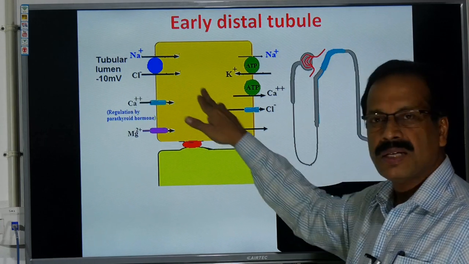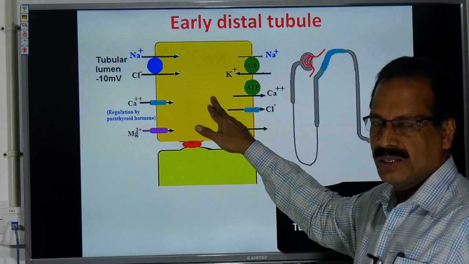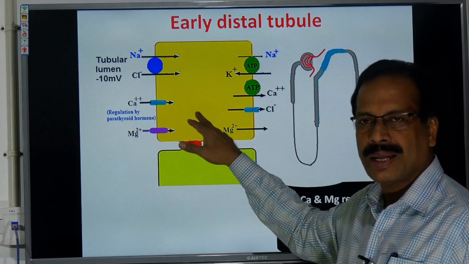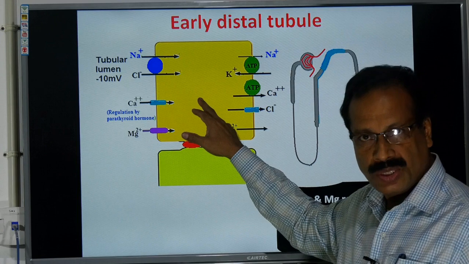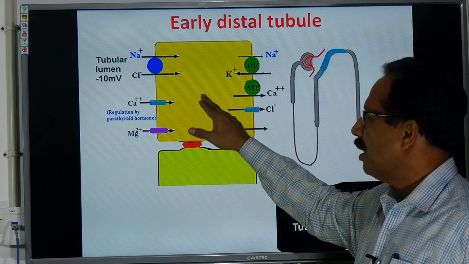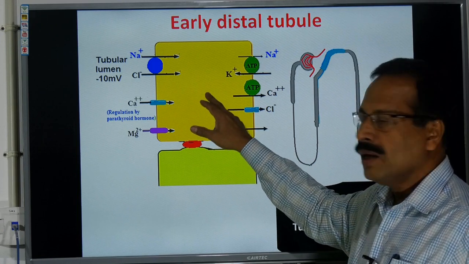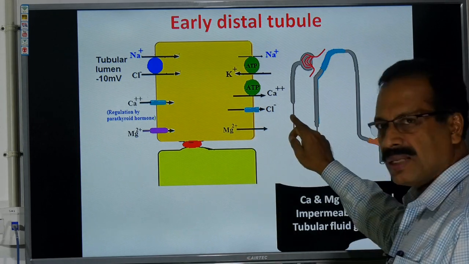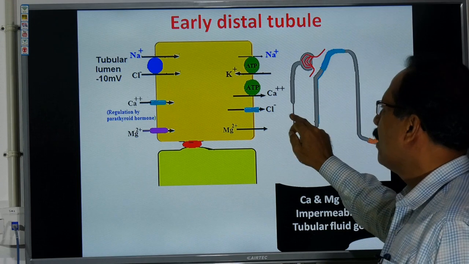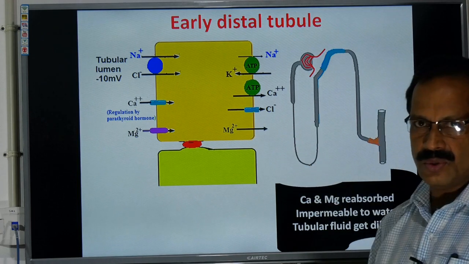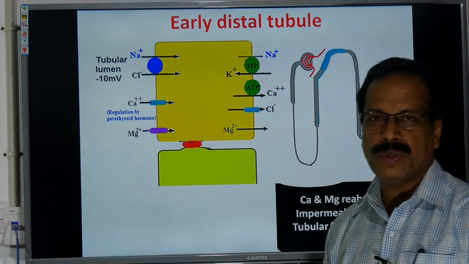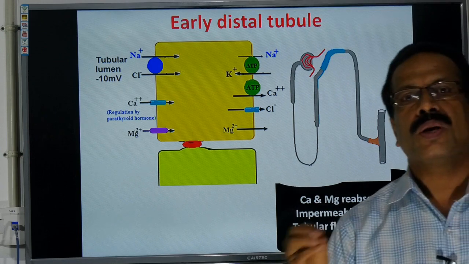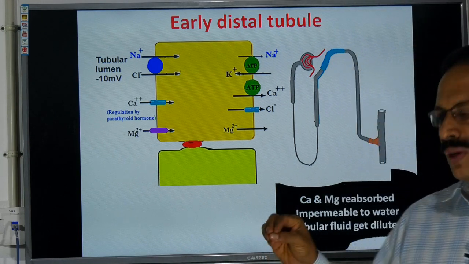Otherwise, further entry will not happen because of the lack of the electrochemical gradient or because of the high tonicity. So to avoid accumulating chloride ions in the cell, chloride ions move out of the cell into the interstitial fluid through the chloride channels. This aids the further movement of chloride ions into the cell, and along with that sodium is also moving into the cell.